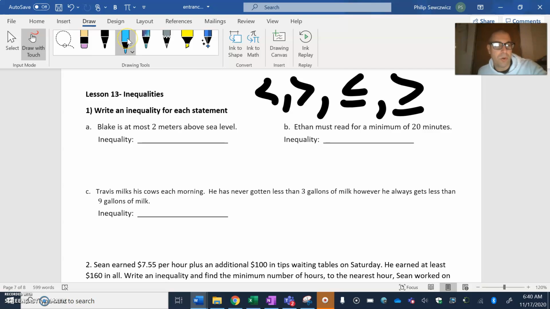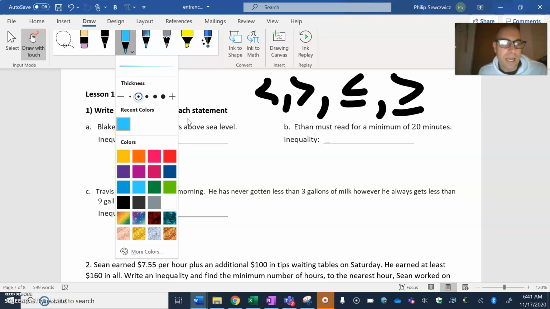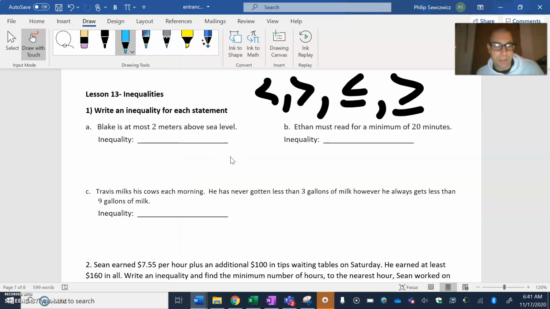So let's see what we got going here today. We want Blake here. Is at most 2 meters above sea level. So the most it's going to be is 2. If that's the most, that means that's the biggest it can be. Your inequality, we'll start off with an X because we're talking about the number here.